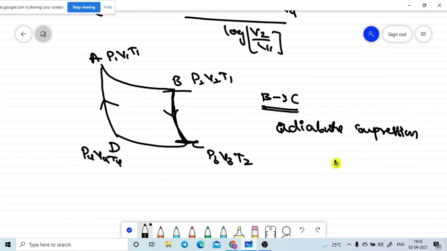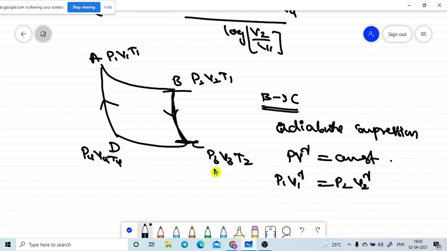Which formula will hold good? In the adiabatic process, PV to the power gamma is constant. That means P1 V1 power gamma is equal to P2 V2 power gamma.